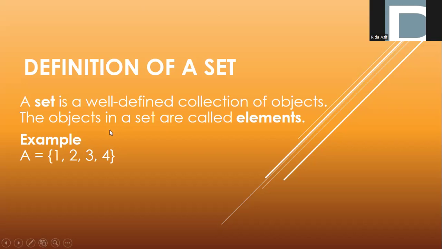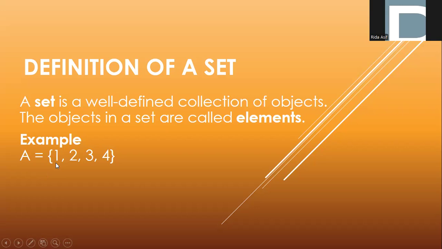One more thing, the objects are not allowed to repeat. So that means a distinct collection of objects. Distinct means repetition is not allowed, right? The objects in a set are called elements. For example, here look at the set. A set is always represented by a capital letter. It's called the notation.